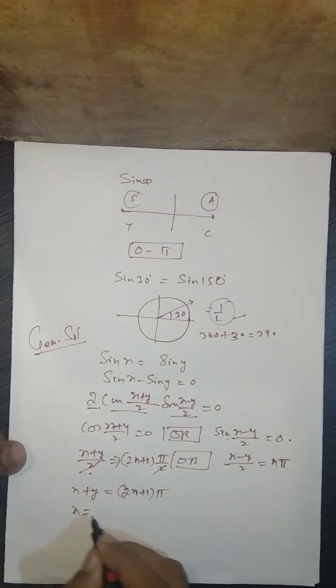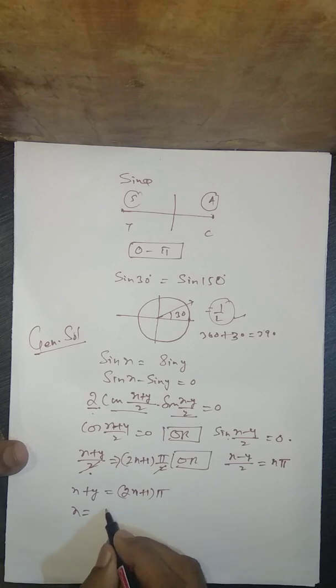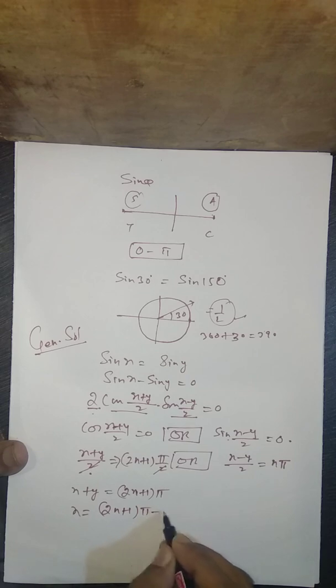Then x is equal to (2n plus 1) pi minus y.